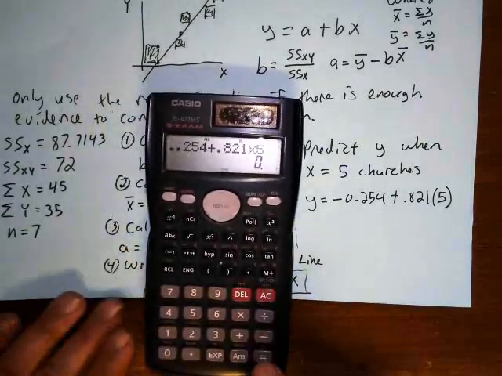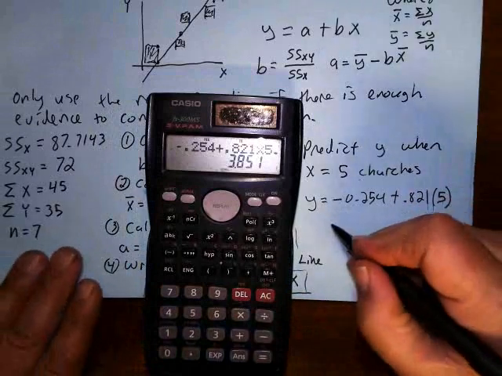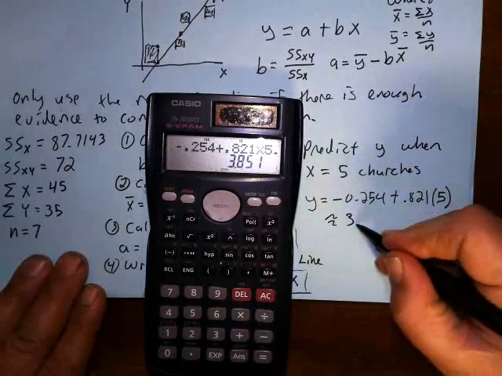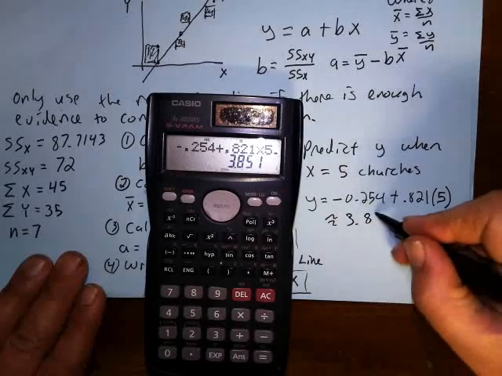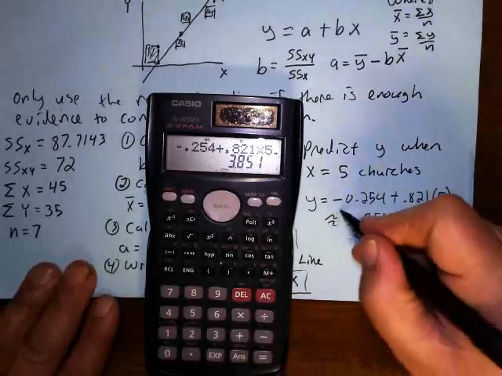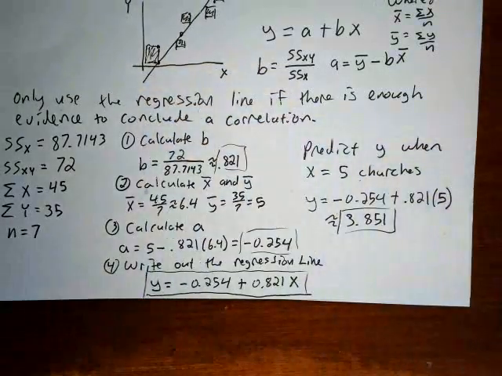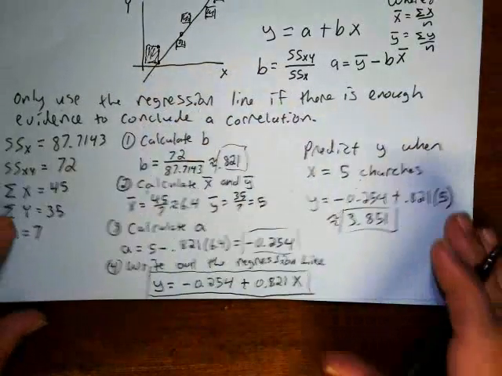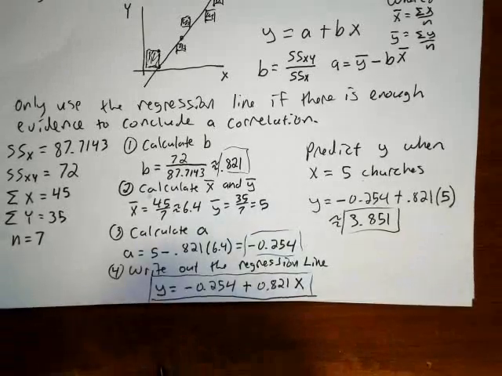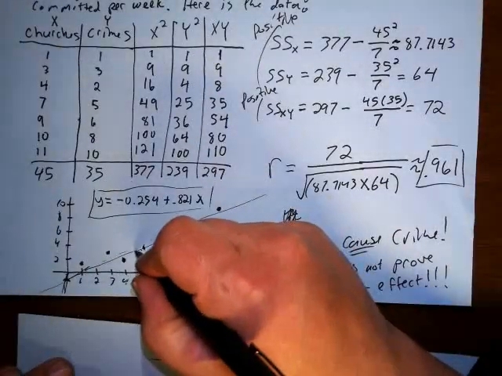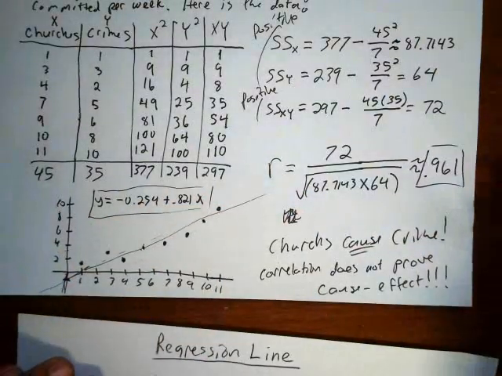I'm just plugging that in, and it looks like this is approximately, or actually, equal to 3.851. And if you look at the graph here, that actually makes sense, I think. 3.85, that actually fits, doesn't it?